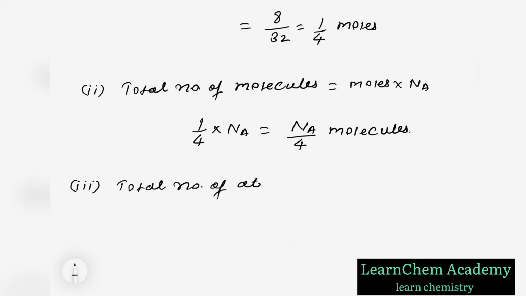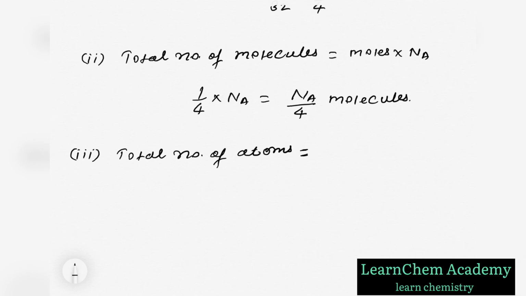Okay, next, total number of atoms. So as we know, one molecule of oxygen contains 2 atoms. So we have Na/4 molecules.